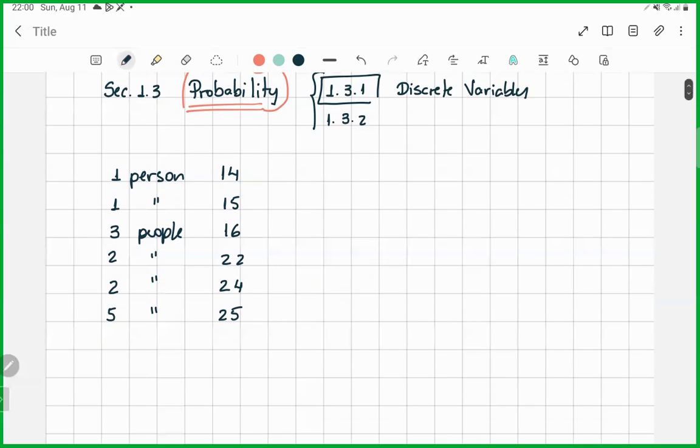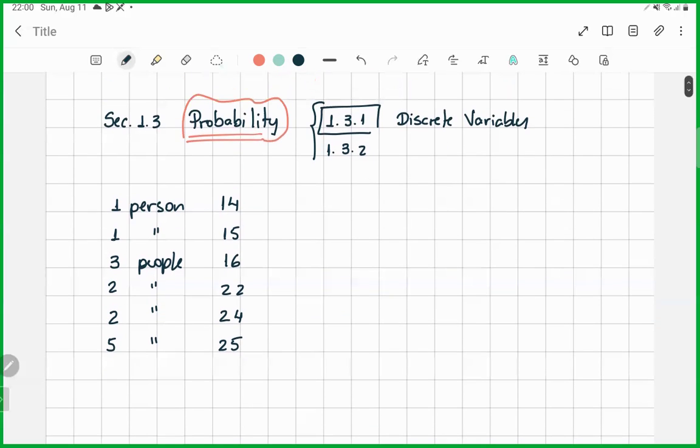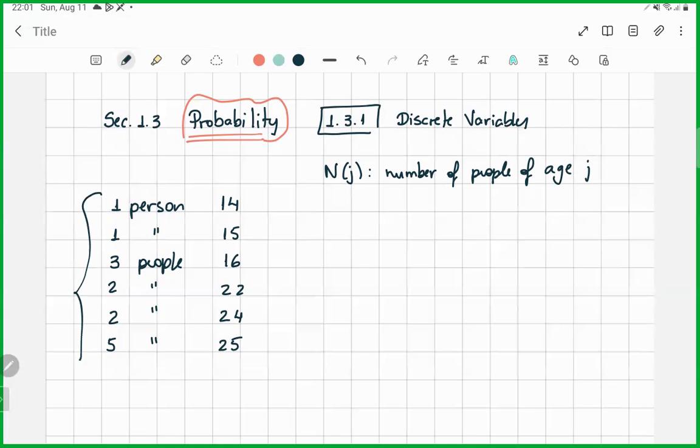I'm going to be using this notation N_j. So this N_j represents the number of people of age j.